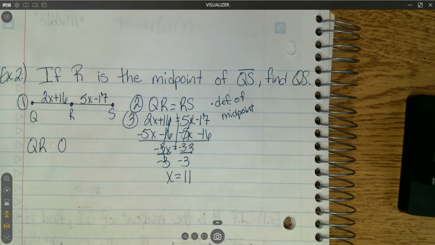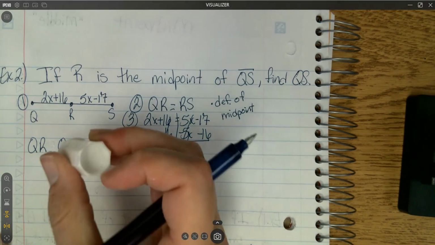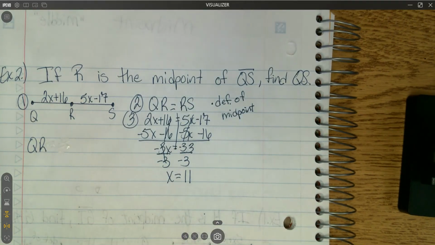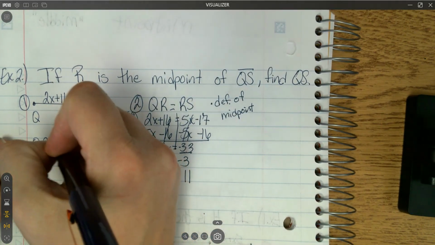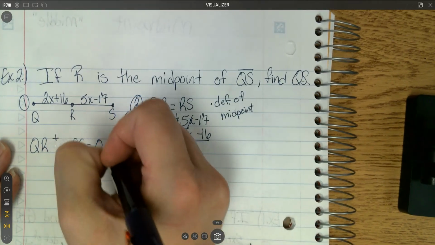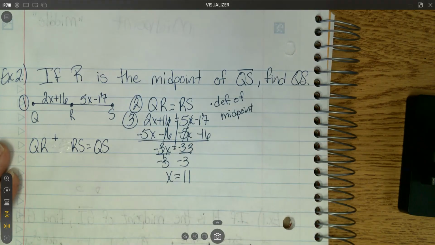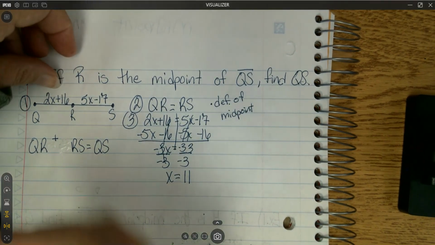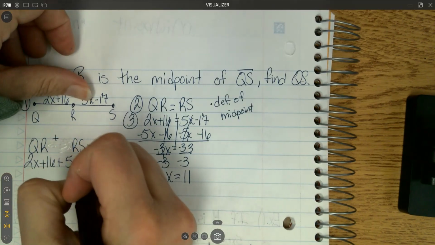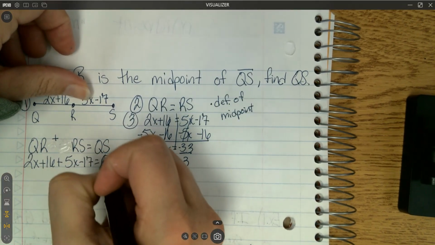Okay, I know that QR plus RS, right? Go back to my segment addition postulate. Let's get this all fancy up here. Okay, QR plus RS equals QS because QS is what I'm wanting anyways. So 2x plus 16 plus 5x minus 17 equals QS.